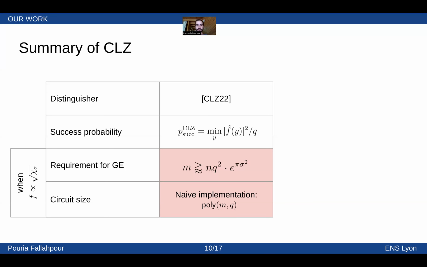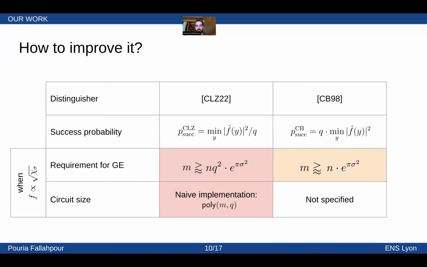We actually observed that the CLZ distinguisher is not optimal. There's an old work from '98 that demonstrated an optimal distinguisher for the task of unambiguous discrimination, and the success probability of their distinguisher is Q squared times better than the CLZ distinguisher.